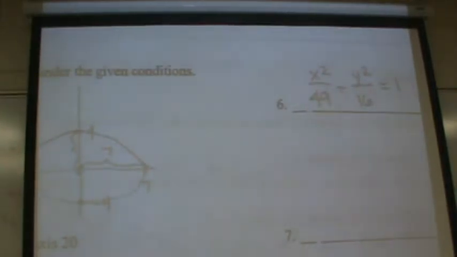How'd you do that? Seven this way, so you have to square that, and then 4 is this way, and this is A, and then this is B. So x squared over the number on your x-axis, the bigger one, plus y squared over the other.